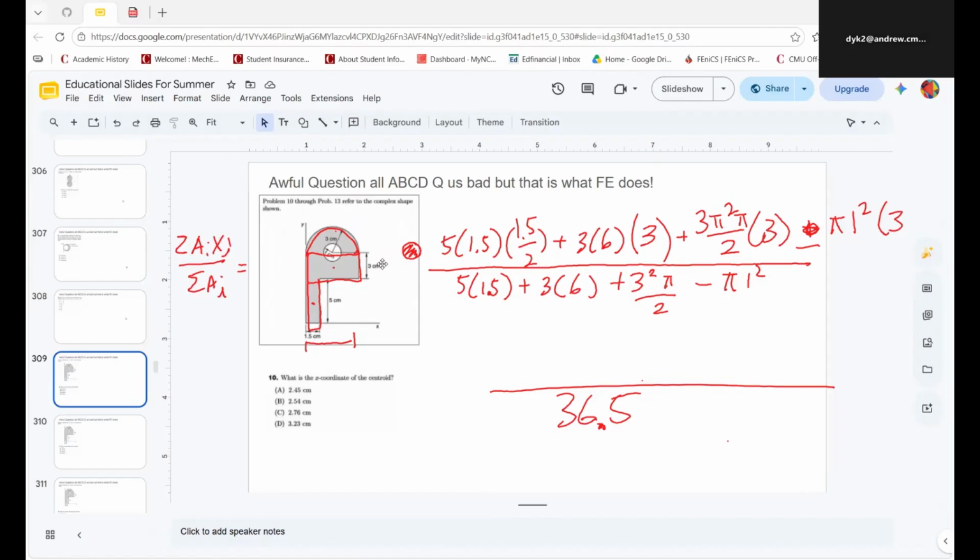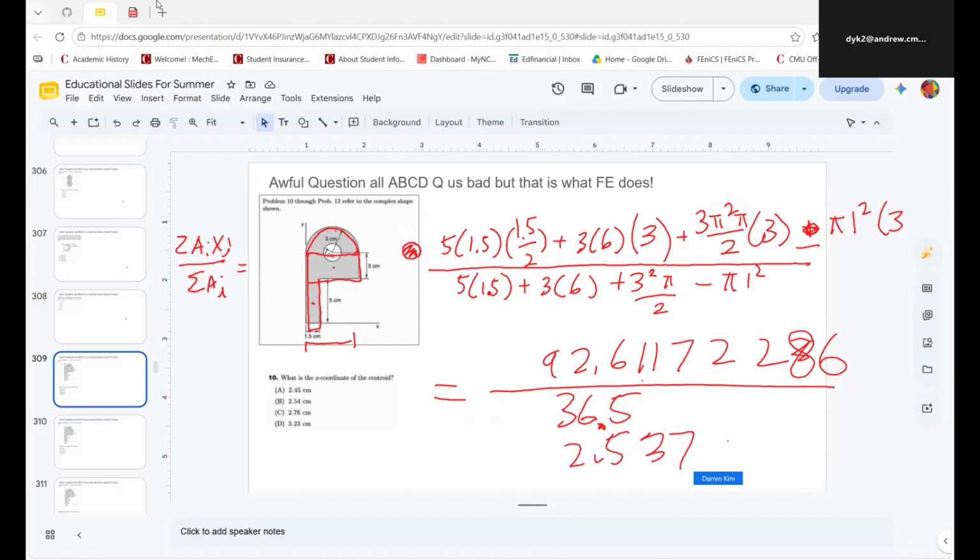Divide by 2 multiplied by 3, minus pi multiplied by 3. Okay, I get 92.611722286, which divided by 36.5 is 2.537, so 2.54. B.